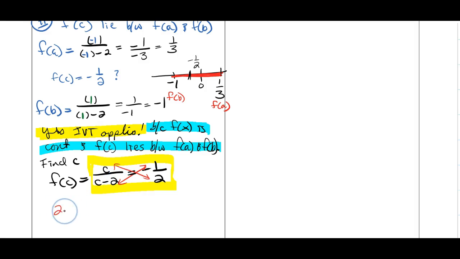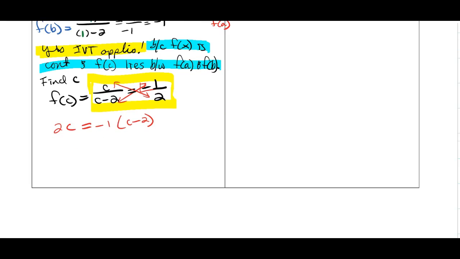So on my left I have 2C equals negative 1 times C minus 2. 2C equals negative C plus 2, distributing. 3C equals 2.